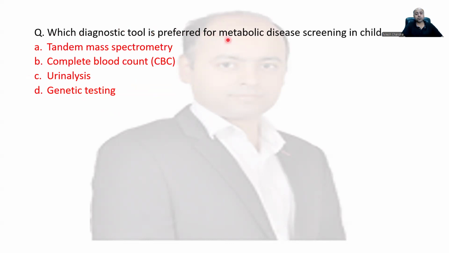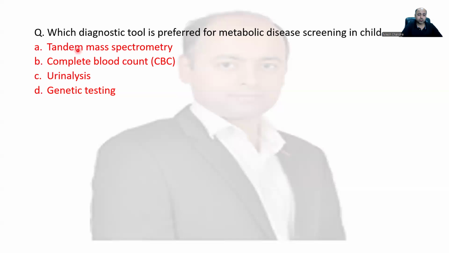Which diagnostic tool is preferred for metabolic disease screening in children? Your options are tandem mass spectrometry, complete blood count, urinalysis, and genetic testing. So, when you're talking about screening, you want a tool which is able to identify maximum number of disorders and with high sensitivity. So, among the given options, the tandem mass spectrometry is the one which is used with a single dried blood draw. You can identify more than 50 different metabolic disorders in the children. Depending on what are the availabilities and options to you, you can choose how many to screen.